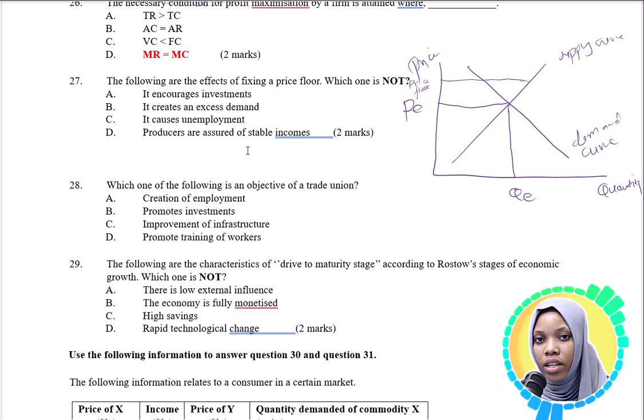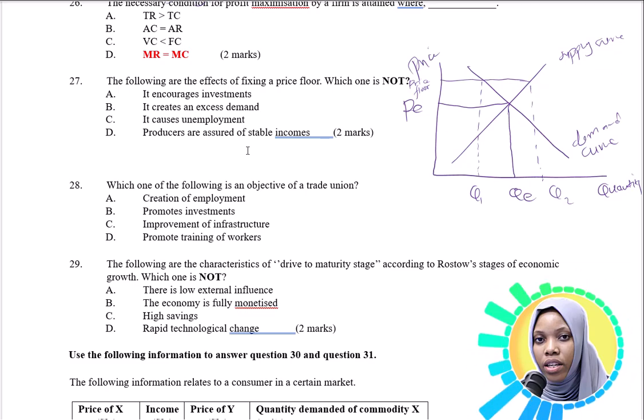So if we set our price here, then our quantity demanded will be Q1 and our quantity supplied will be Q2.